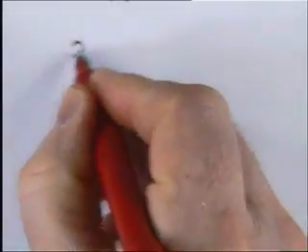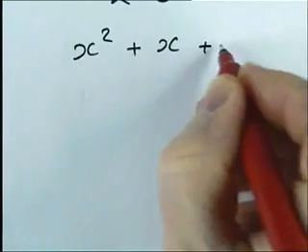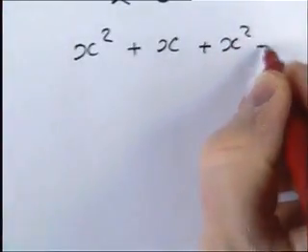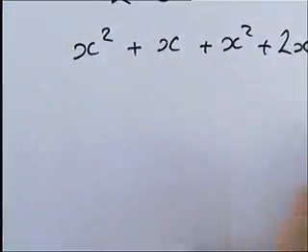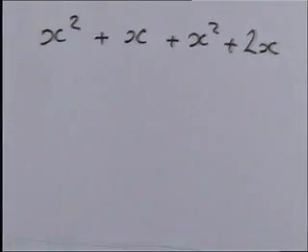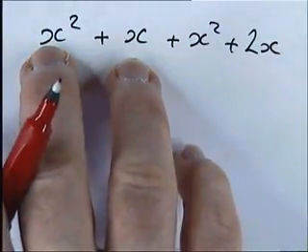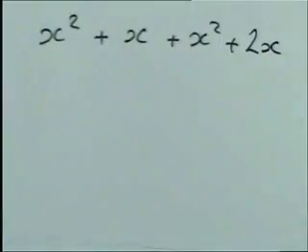Now this is the kind of question that confuses some students. When you come to simplify that type of expression, there's a tendency to think that, well, that's an x and that's an x, so x's are the same, so they're like terms, so we can add them together.